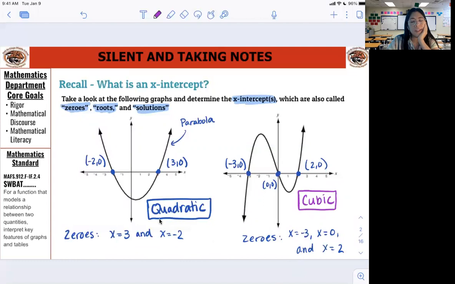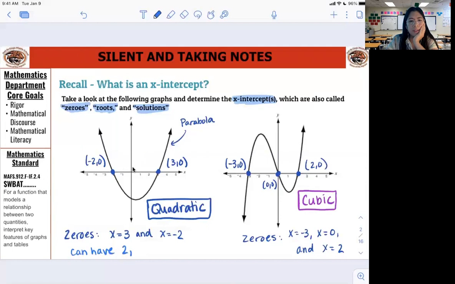No. A quadratic graph can have 2 zeros, like we're seeing right now. What's another possibility that we've seen? What about the parent function?